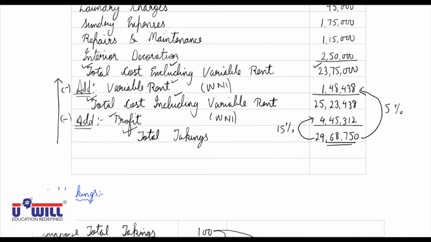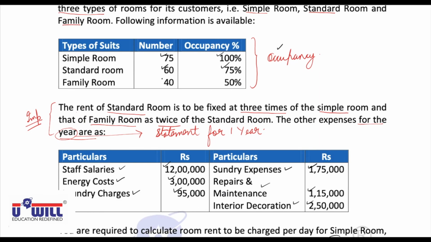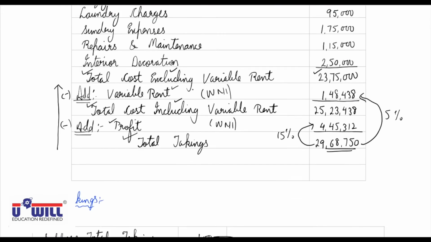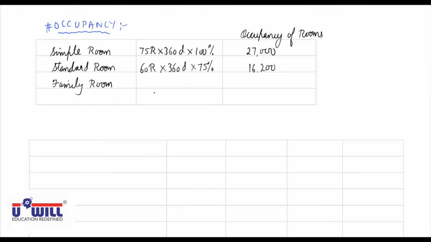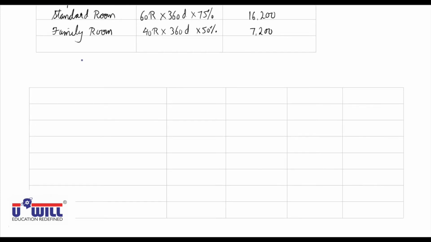And family rooms, how many are sold off during the year? 40 rooms into 360 days into 50% must be 7,200. All of you cross check in your calculators: 7,200.